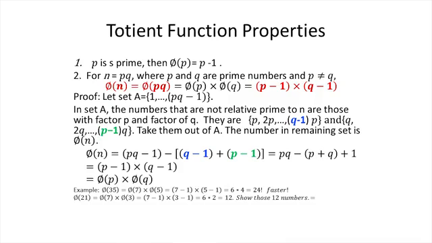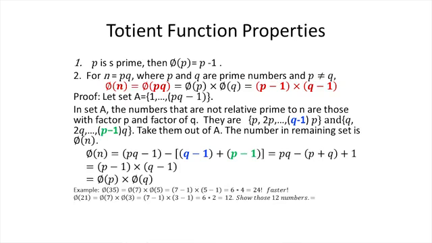Those with factor Q are Q, 2Q, 3Q, all the way to (P minus 1)Q. Take them out of the set A, and the number of elements in the remaining set is phi of n.